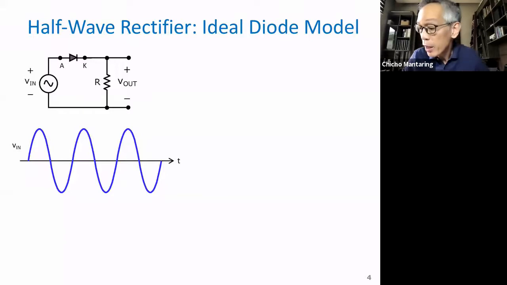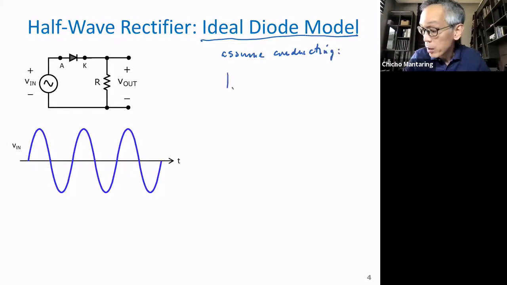Okay. So first of all, it's an ideal diode. I assume it is conducting. So I replace it with its model. So what will the model look like? It will be a short circuit. If it is an ideal diode, remember, this is an ideal diode.